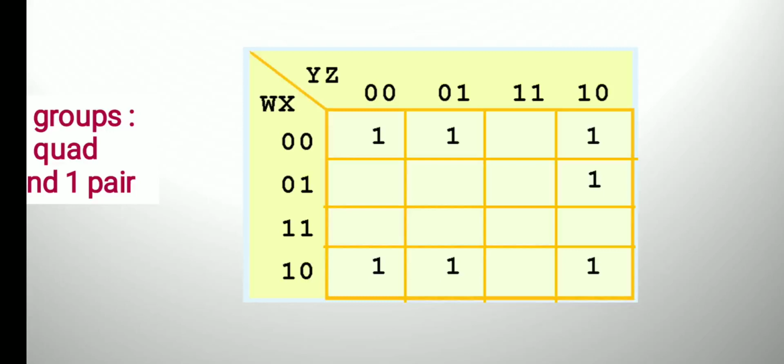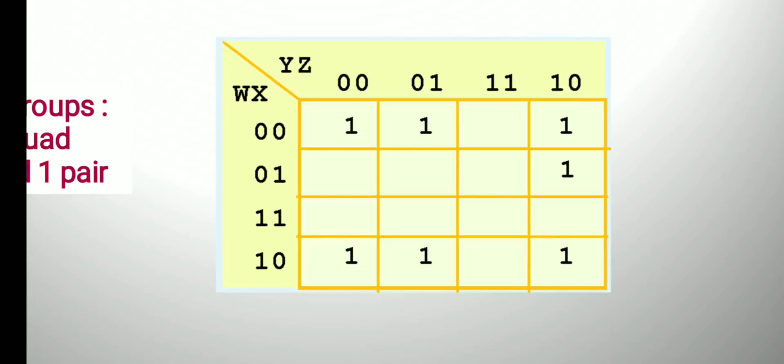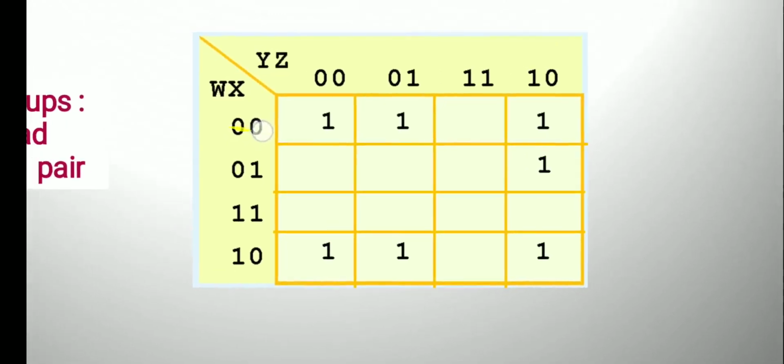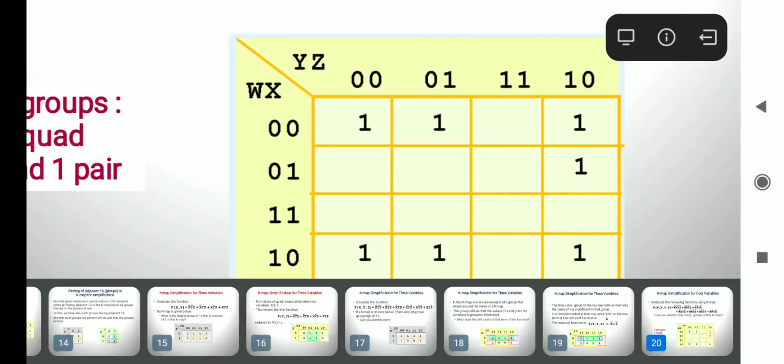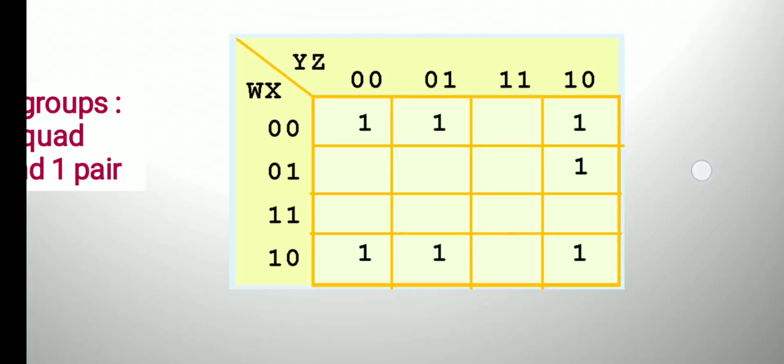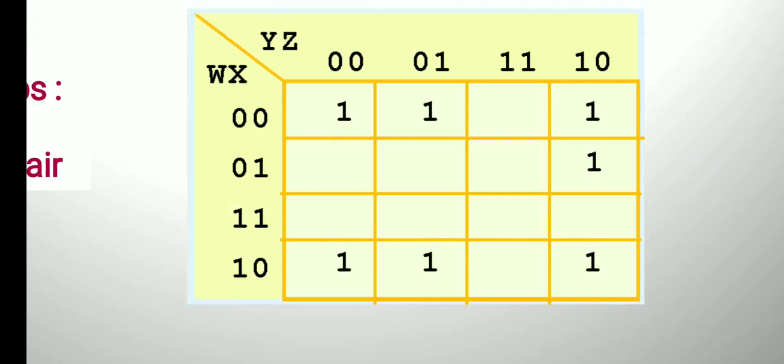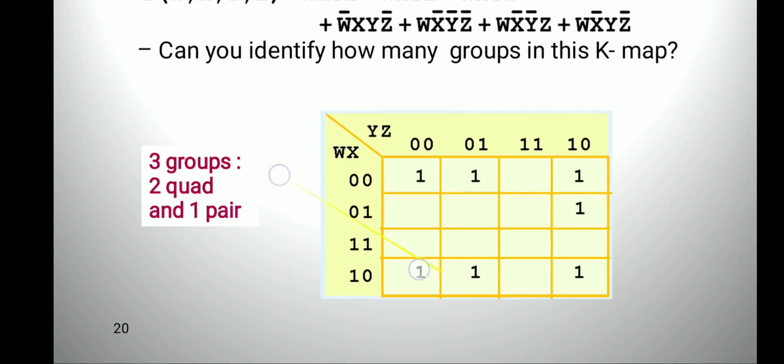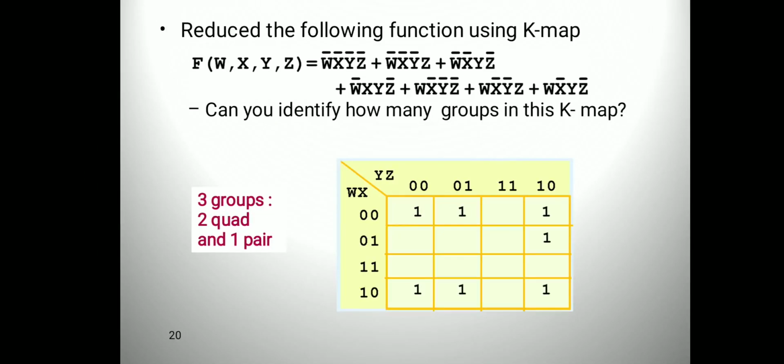See the coding for yz: equal to 00 in the first column, the second column 01, the third column 11 and the fourth column 10. Similarly for the rows, wx in the first row is 00, second row is 01, third row is 11 and fourth is 10. Since the equation contains 7 minterms, that means 7 ones. Now put the values in the K-map.